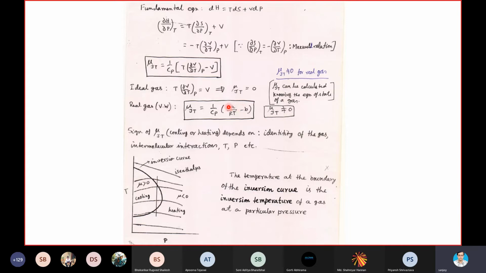So this depends on the nature or the identity of the gas. Therefore μ, the Joule-Thomson coefficient, which is a measure of the heating or cooling effect of the gas on expansion, depends not only on the identity of the gas, it also depends on the temperature, pressure, etc., and the intermolecular interactions also.